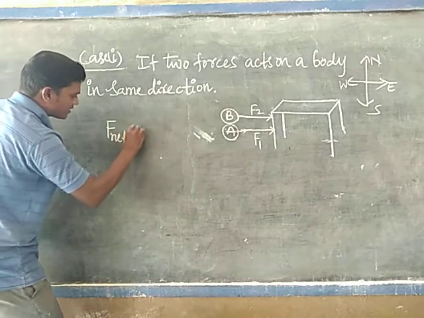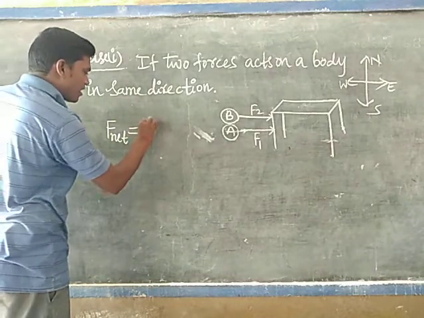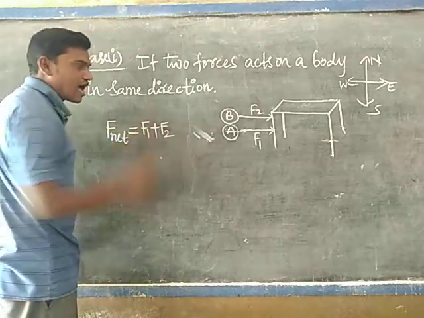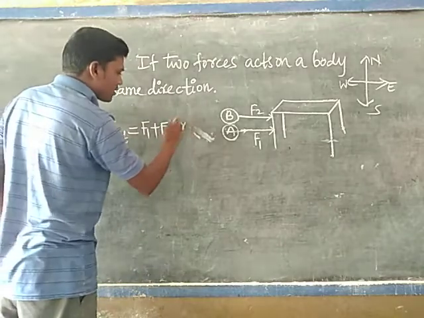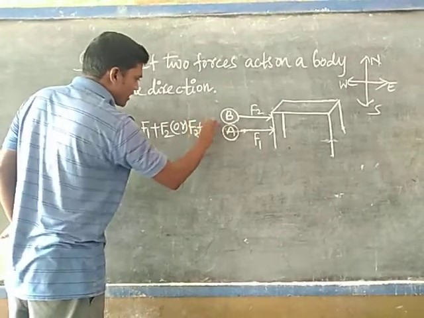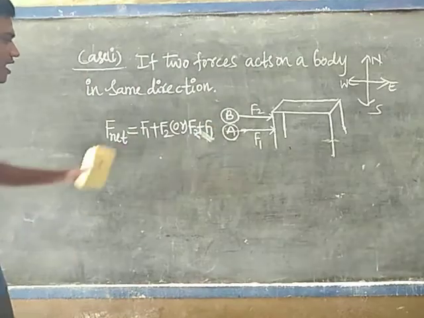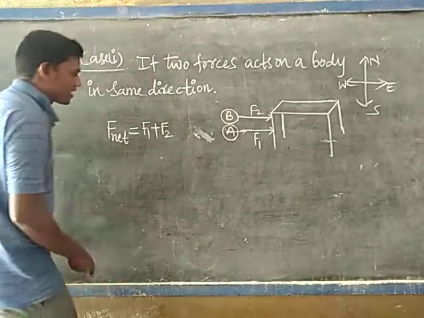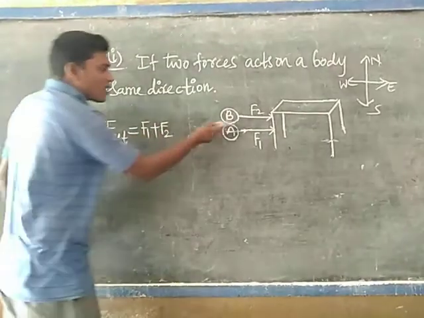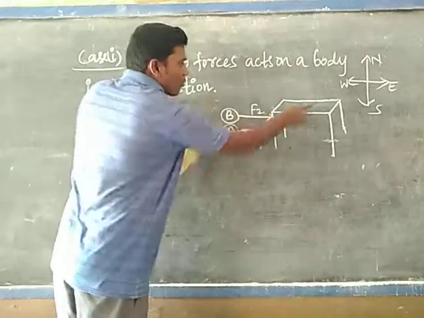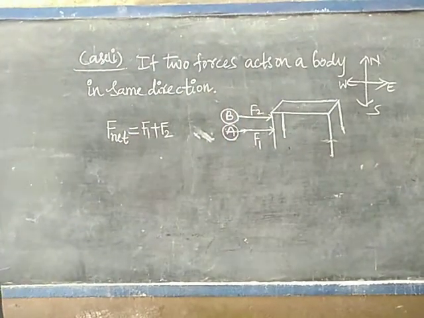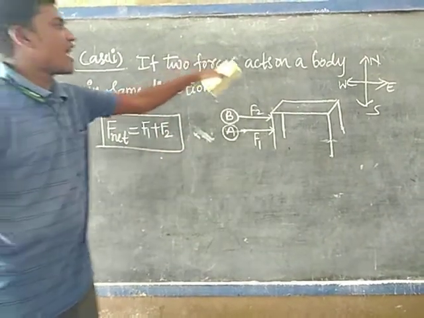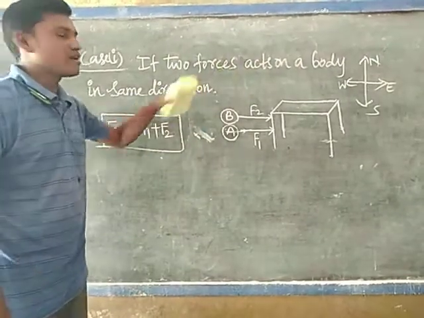F net equals F1 plus F2, because both are acting in the same direction, or we can write F2 plus F1, whatever is your wish. We can take the addition symbol here. This is the formula to find the net force if two forces act on a body in the same direction.